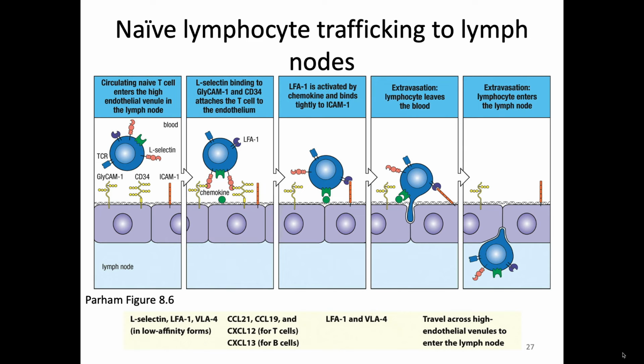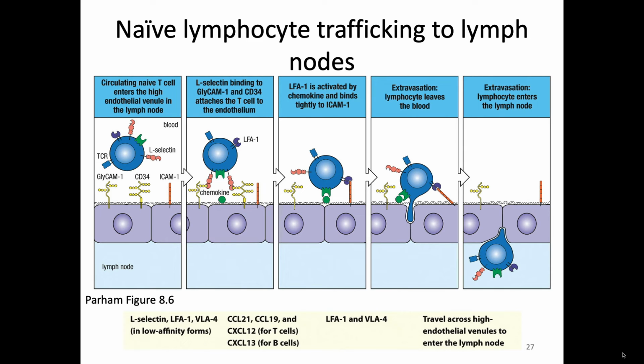So we've got this chemokine coming from the HEV, binding to the chemokine receptor on this T cell. When that T cell is activated, do you think it is going to have CCR7 on its surface? No, because it doesn't want to go to the lymph node anymore. It wants to go somewhere else. So it's going to have something else going on in that chemokine step. It's going to stop making CCR7.